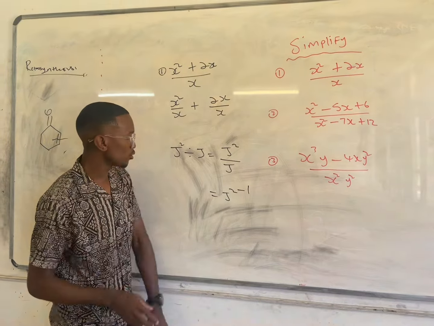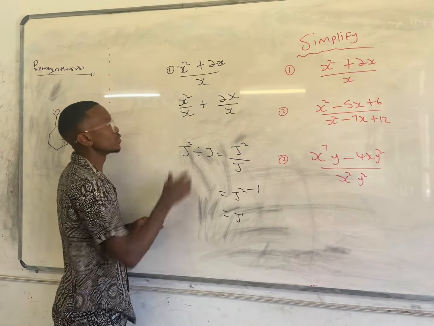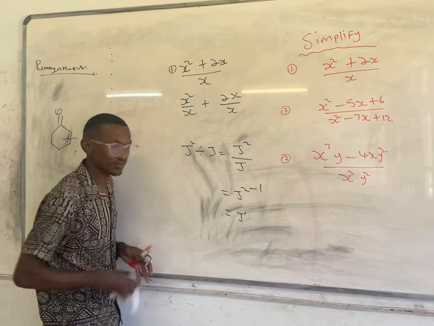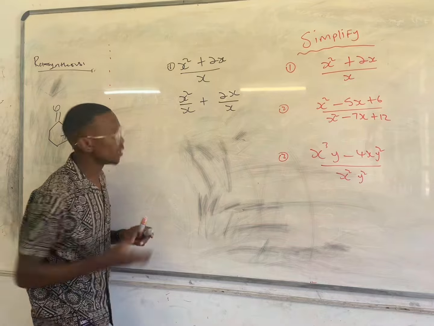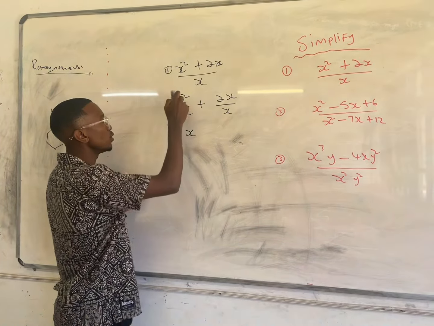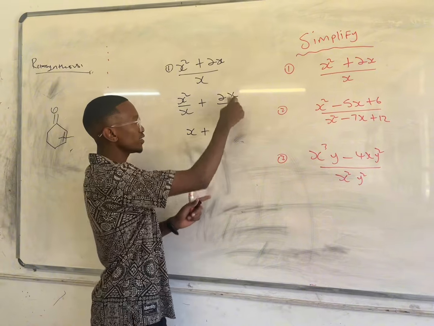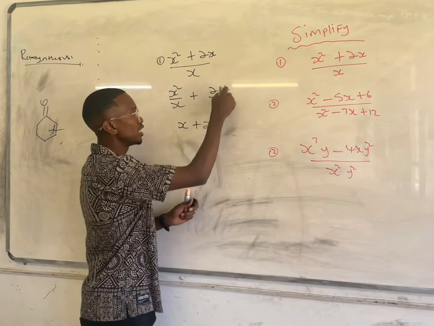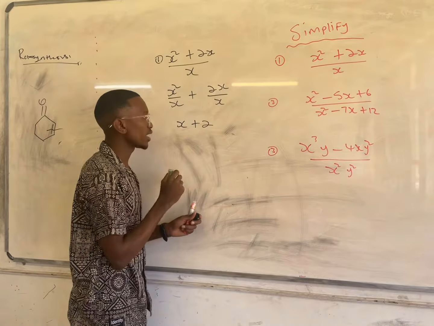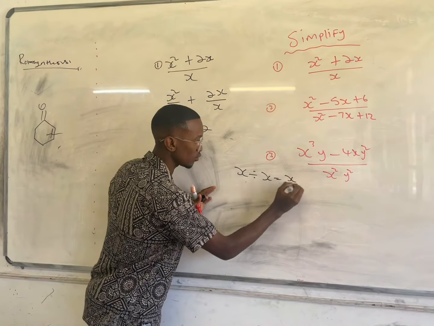Then the answer is going to be j to the power 1. So here I'm going to have x, 2 minus 1, x, plus. Look at this one: there is a number here, 1. 2 divided by 1 is just going to give me 2. Now I'm looking at the x. x divided by x is the same as x over x.